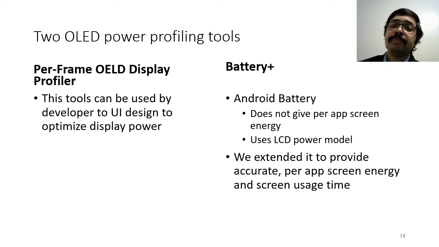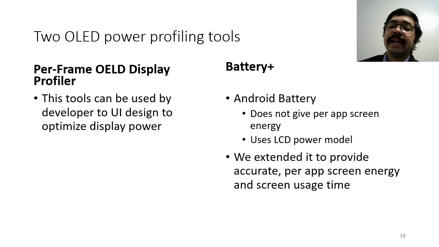Second, we introduce Battery Plus, which is an enhancement to Android Battery. Android Battery does not provide per app screen energy and uses an LCD power model, whereas Battery Plus provides accurate per app screen energy and screen usage time. This can be used to manage apps to extend battery life. For more information, please refer to our paper.